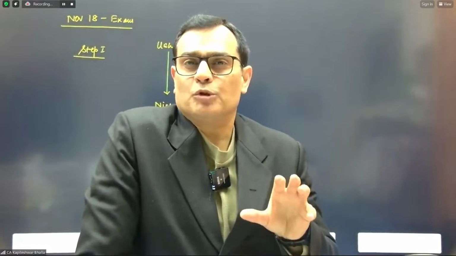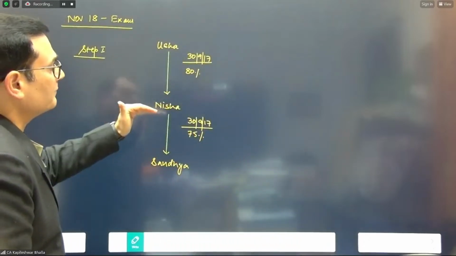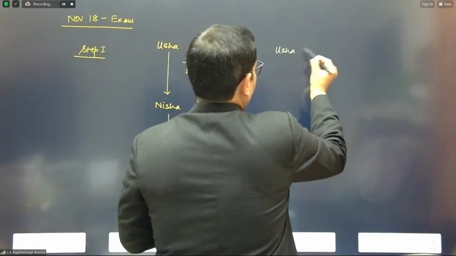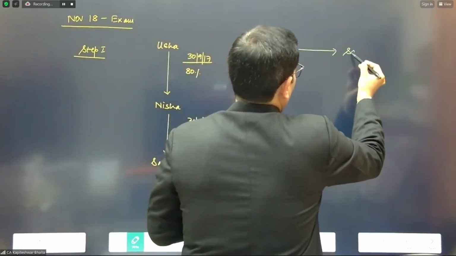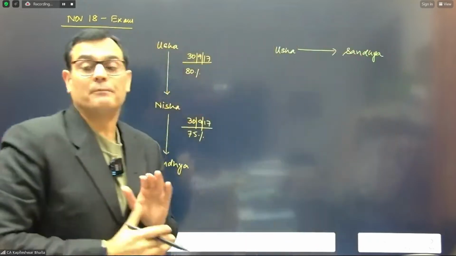So Usha is going to consolidate Nisha as well as Sandhya, the entire group itself. So everything has to be seen from the point of view of the top company. We need to see what the effective holding of Usha in Sandhya is. So the first thing you're going to do is identify the effective percentage which the top company has in the bottom company.